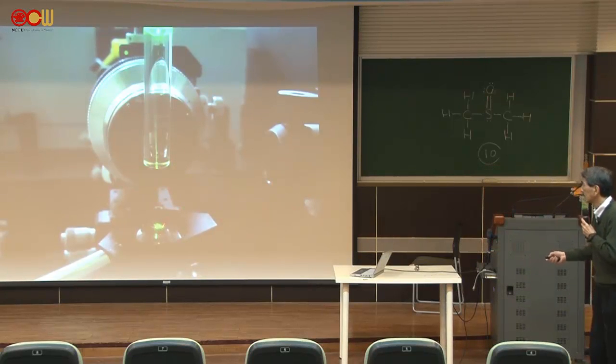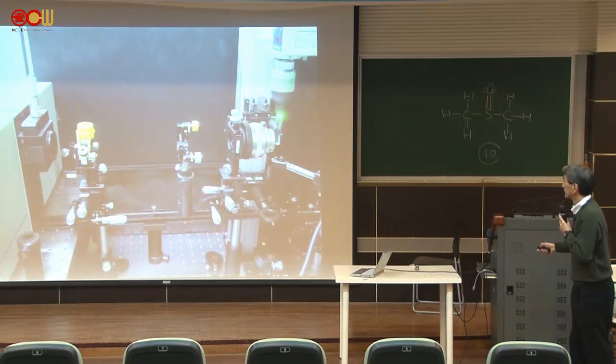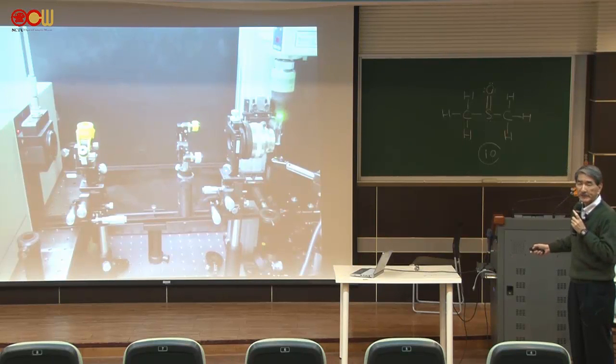Here the laser beam comes from the bottom and focus into the sample here. So here you have the focal point. The scattering light comes to this direction and then collected by this lens and going into the spectrometer. So here is a sample, the collecting lens, and then the image is made on the entrance slit of the spectrometer.